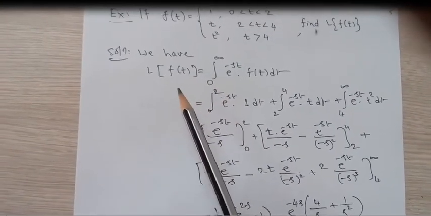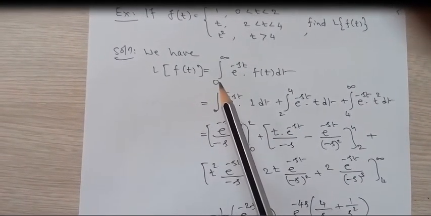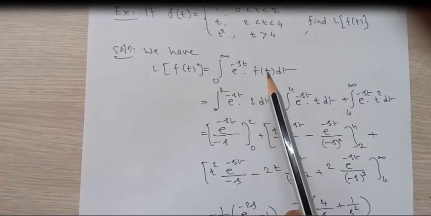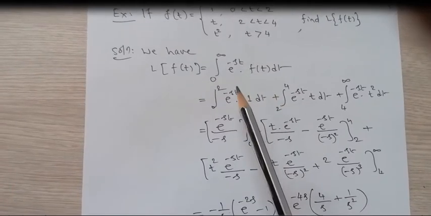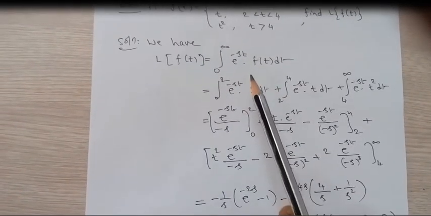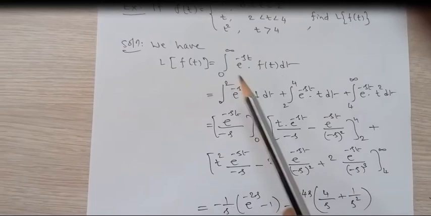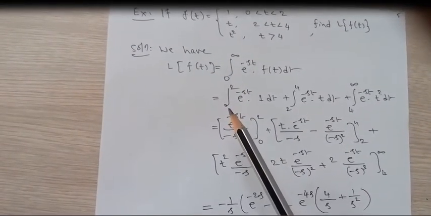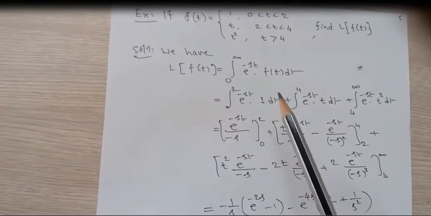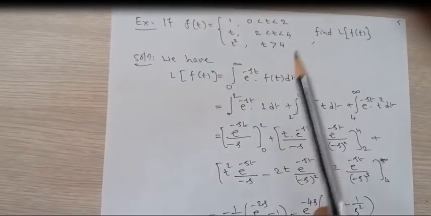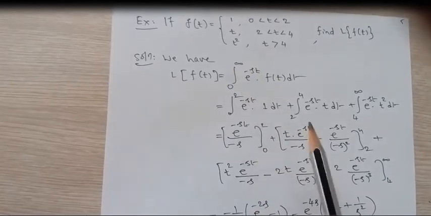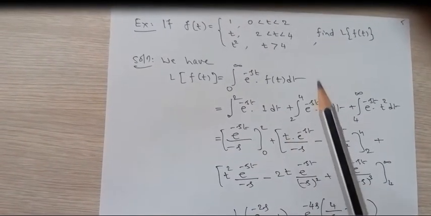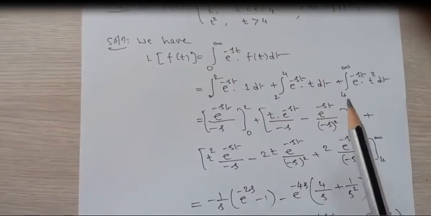By the definition of Laplace transform, L of f of t is equal to integral from 0 to infinity of e raised to minus st f of t dt. This is the definition of Laplace transform, and as we have a discontinuous function, the integral between 0 to infinity can be split into the integral of e raised to minus st f of t dt over 0 to 2, then the integral between 2 to 4, then the integral between 4 to infinity.